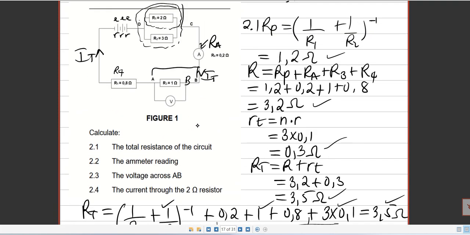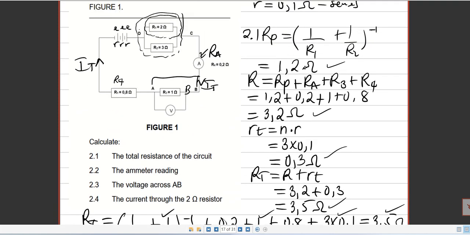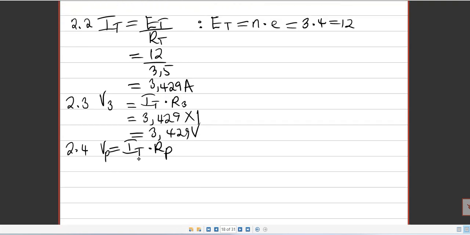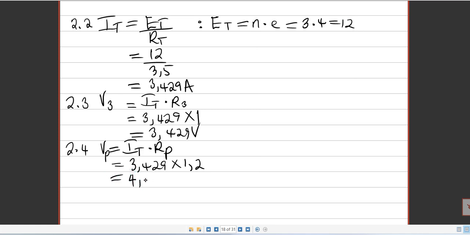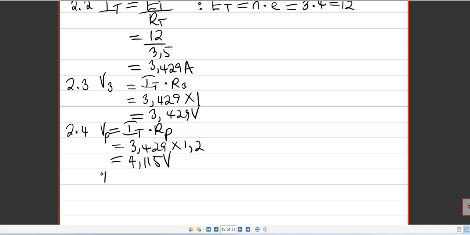The resistance we got was 1,2, so it's our current 3,429 times 1,2, which is 4,115 volts.